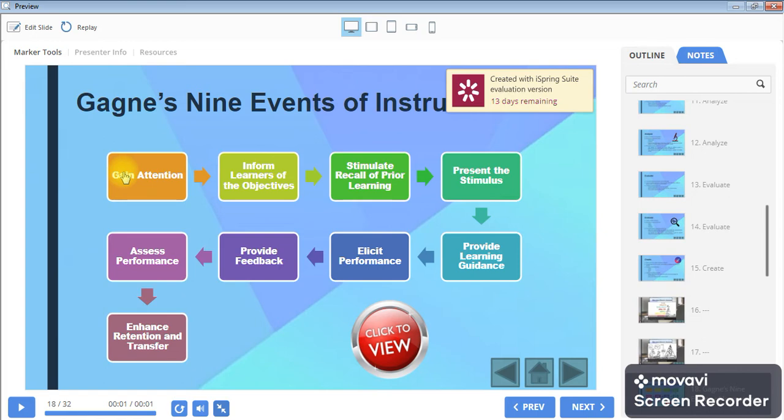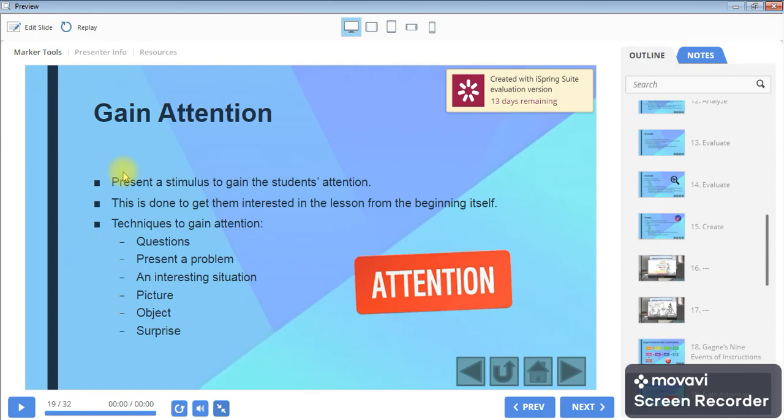The first one is gain attention. Click it. Gain attention. For example, in your lesson, a teacher can present a stimulus to gain the students' attention. This is done by the teachers to get the students interested in the lesson from the beginning itself.